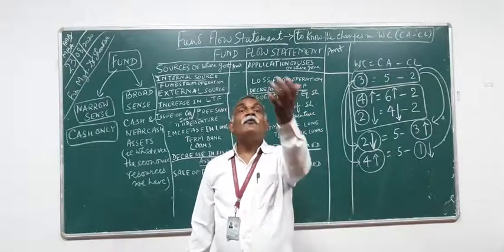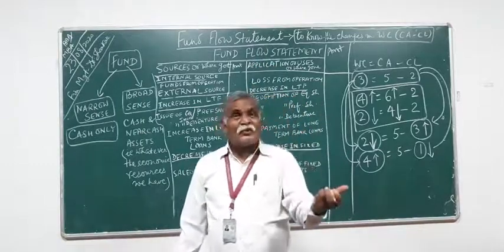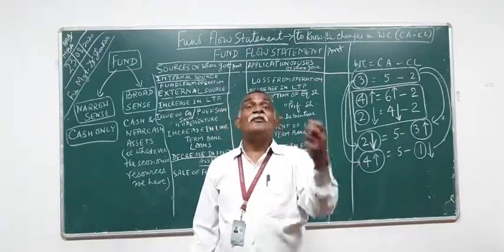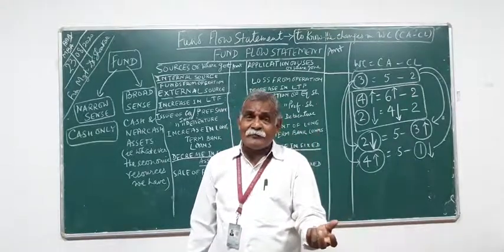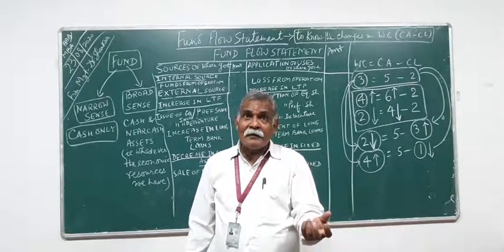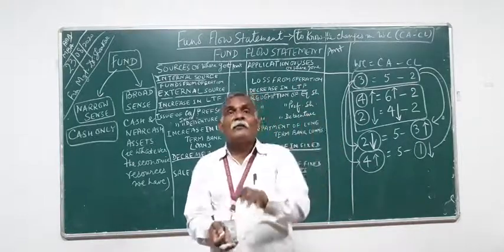So in net profit, we re-add the amount of depreciation, expenses on issue of shares, loss on sale of fixed assets, and loss due to theft, fire and natural calamities. This amount we re-add when you want to calculate funds from operation.